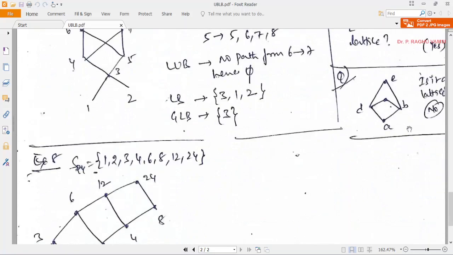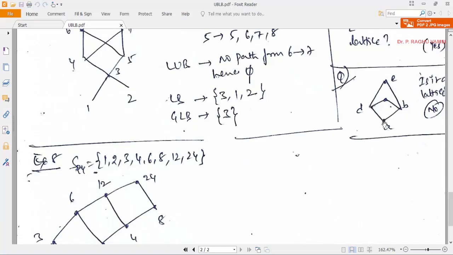While coming to this question, this is a typical diagram we have already seen previously, but how do we understand whether it is a lattice or not? If you look at D and A, we don't have the lower bound.